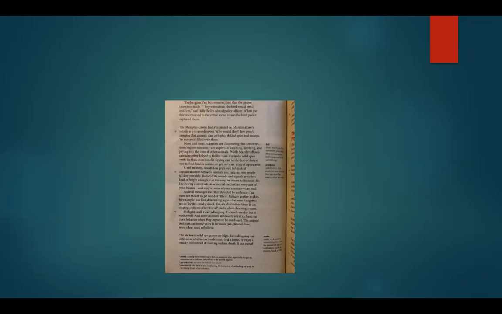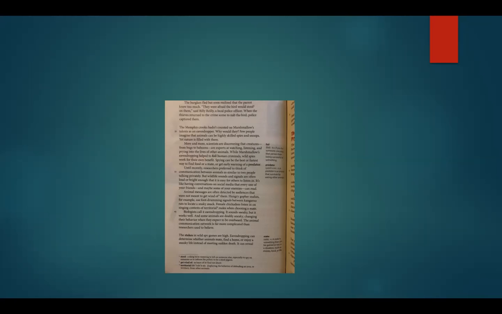Hungry gopher snakes, for example, use foot drumming signals between kangaroo rats to locate a snaky snack. Female chickadees listen in on singing contests of males when choosing a mate. Biologists call it eavesdropping. It sounds sneaky, but it works well, and some animals are doubly sneaky, changing their behavior when they expect to be overheard.